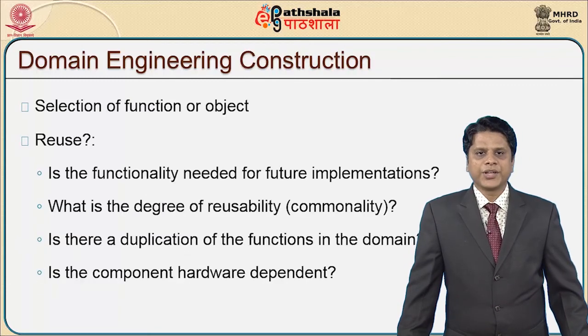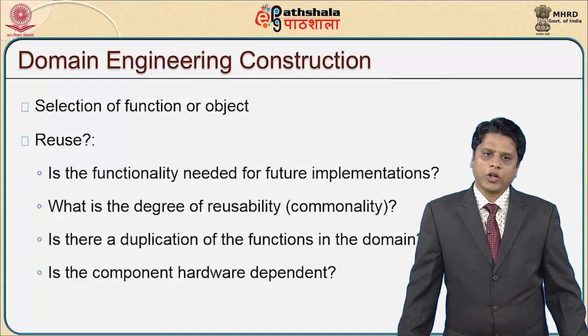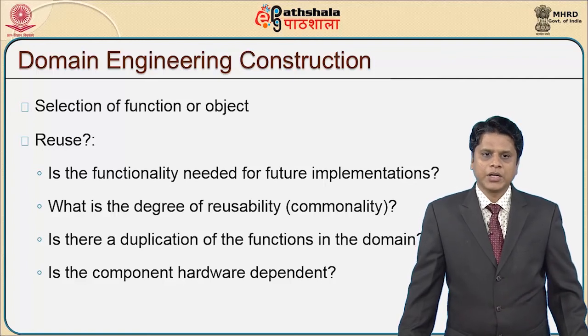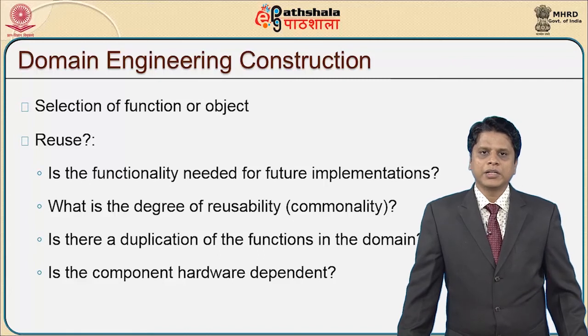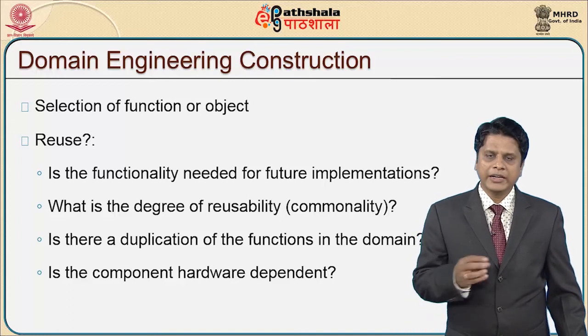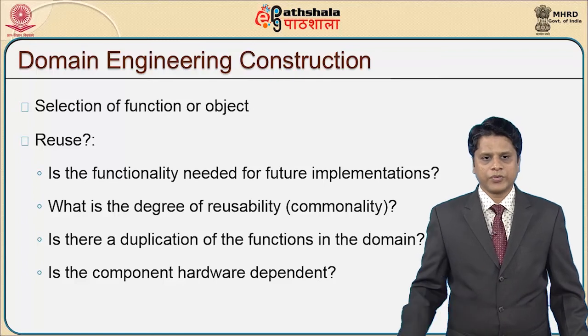This is for domain engineering construction, where we may have to select a function or an object. So, what is to be reused? Is the functionality needed for future implementations? What is the degree of reusability? Sometimes we may have to assure how much percentage of work is to be reused, or what the degree of reusability or commonality of features is that this system will have from the earlier versions of the software.